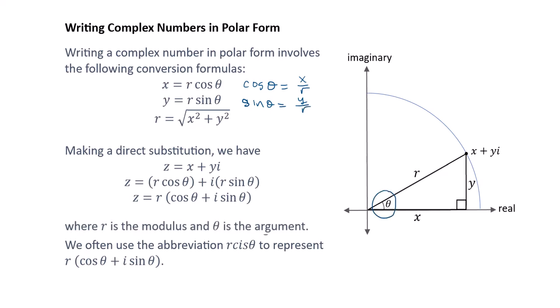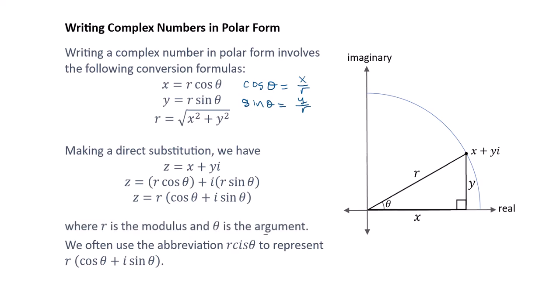Again, theta is here, and the sine of theta is opposite over hypotenuse. And r is the square root of x squared plus y squared. That's just from our Pythagorean theorem to be able to find the length of that hypotenuse, which is r, the radius of that circle.